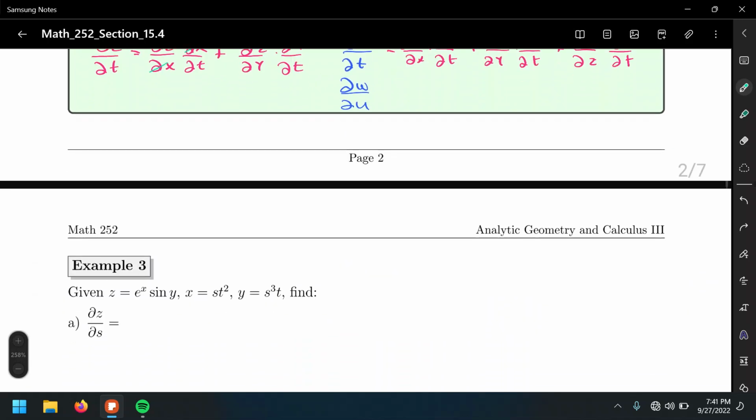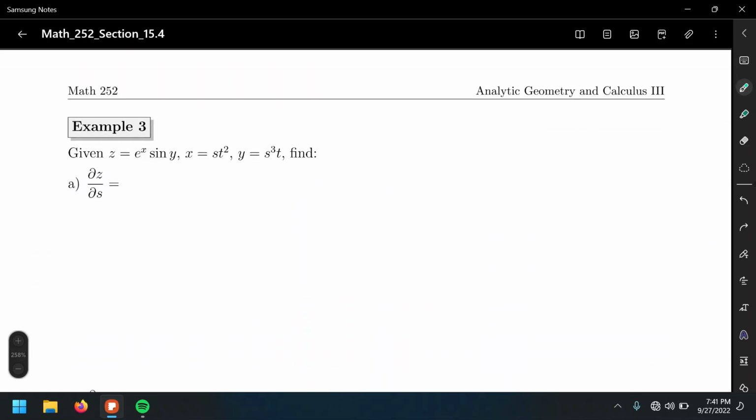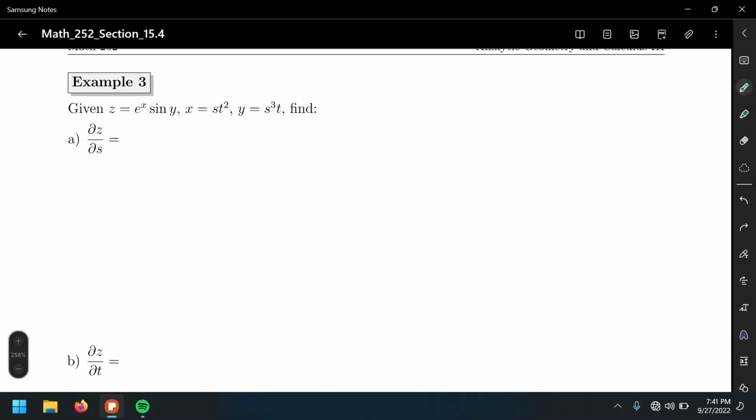Number one, we are given the function z equals e to the x sine y, where x is not just a function of t like in the previous problem, but is now a function of two independent variables, s and t. So x equals s t squared and y equals s cubed t.